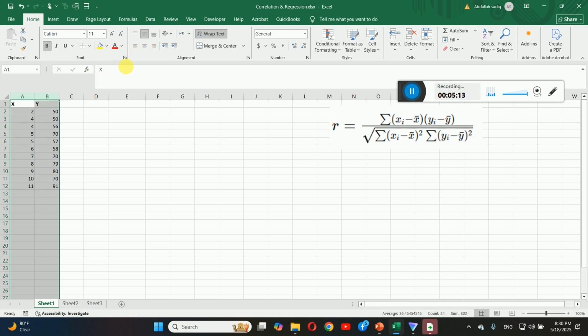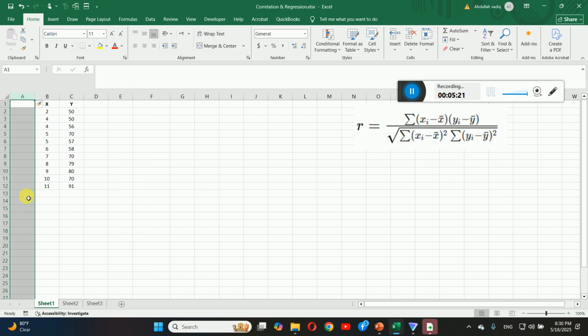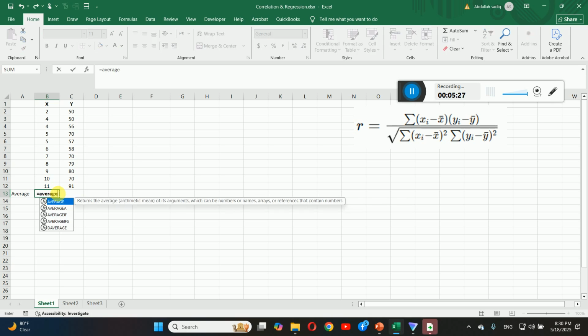In correlation analysis, first we find the x bar. Look here, I find the average value, and the average is the x bar. So just take the average of x, and then we have the average value.